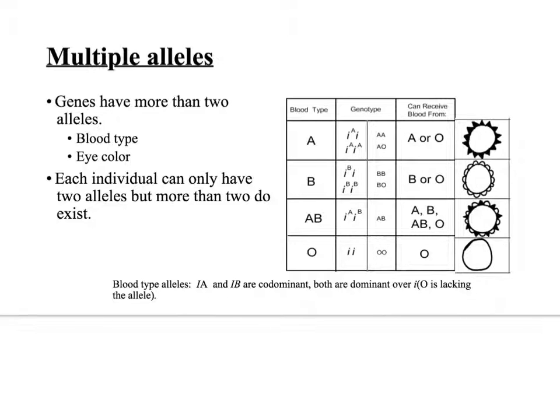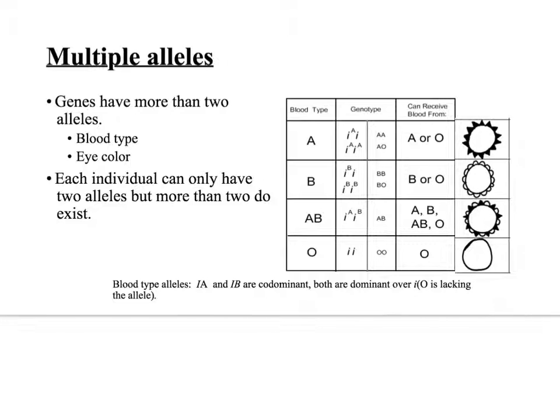But we're going to focus on blood type. So blood type is interesting. When we talk about the ABO blood groups, what we're really talking about are some of the cell surface markers found on your red blood cells. And so A and B are codominant, meaning that they'll both be expressed if they're present.